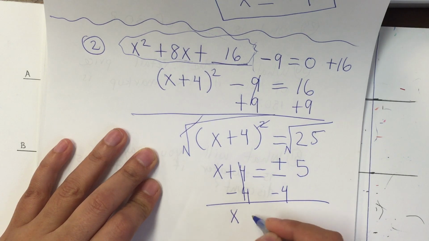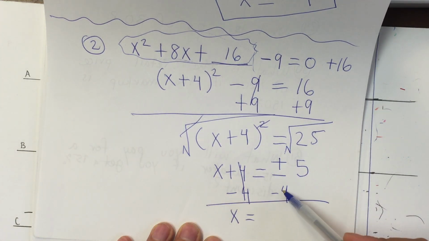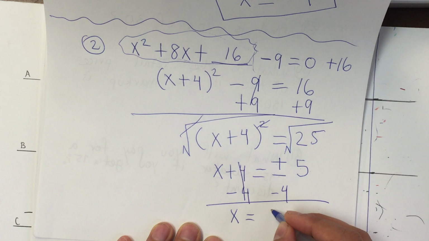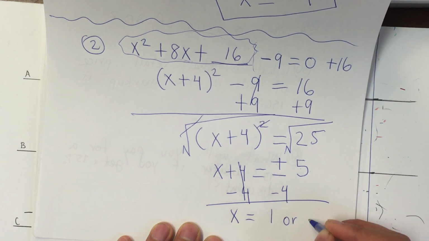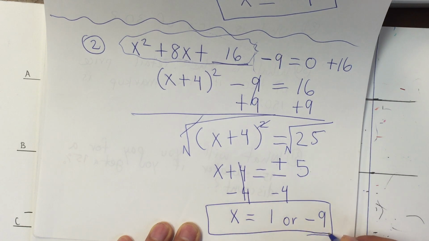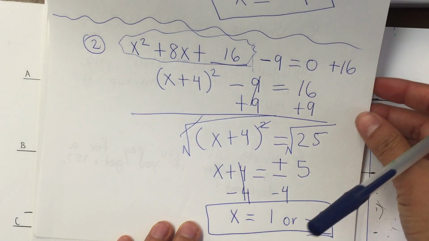And so x is going to be equal to, you can write it on the side, -4 plus 5, -4 minus 5, and it will give me 1 or -9. Again, if you need to do that on the side, that's fine. Take a minute to copy it down.